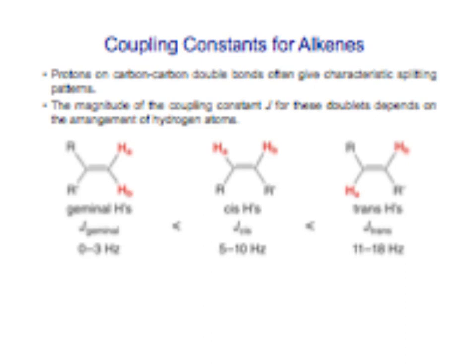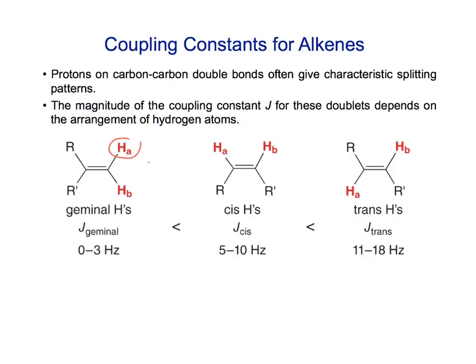In each one of these double bonds we have 2 protons, but they have a different kind of geometrical arrangement in each case. In the one on the left side, we have both protons on the same carbon, right here.